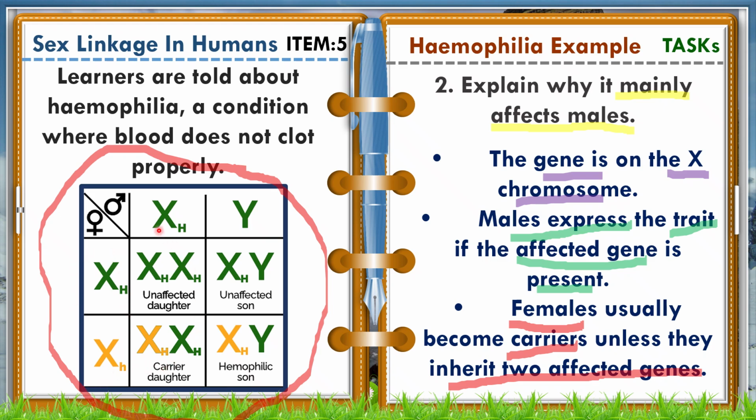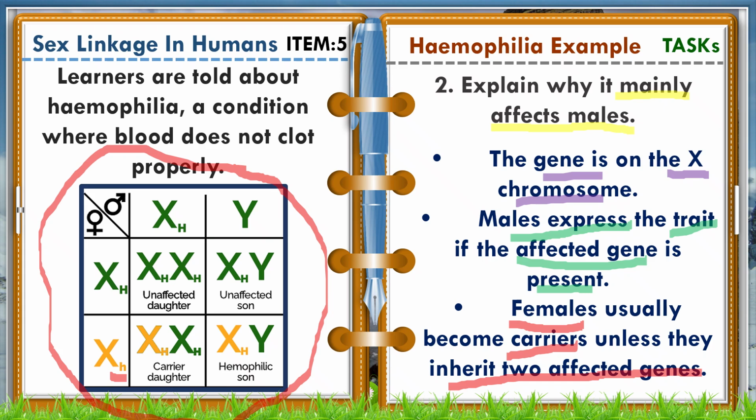The male has X^H and Y. We are going to take capital H to be normal. Then the female has X^H and X^h. We shall take this small h to be the affected X chromosome.